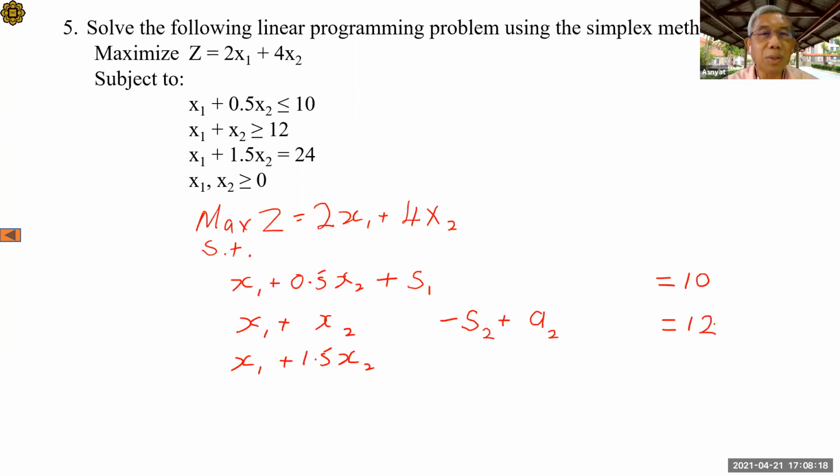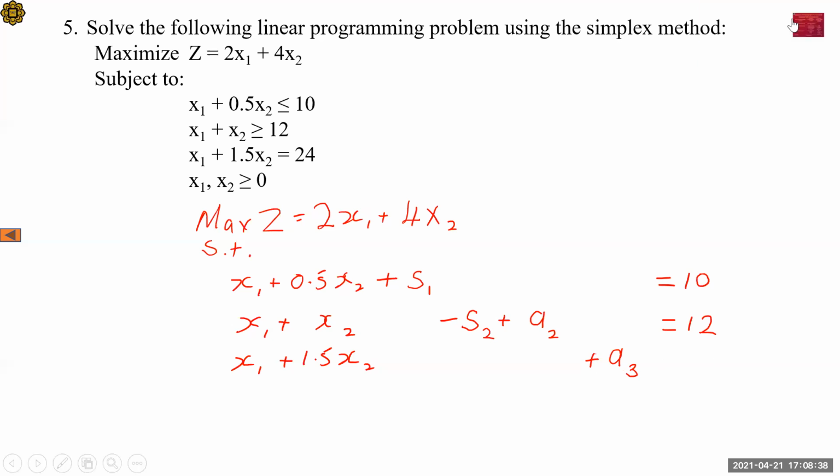How about the third one? Plus artificial. Let's put it somewhere here. Equation 3, let's put A3. Everybody agree? Plus artificial? Yes. Okay, although you agree, let's review.